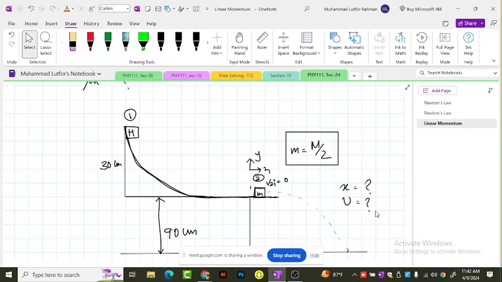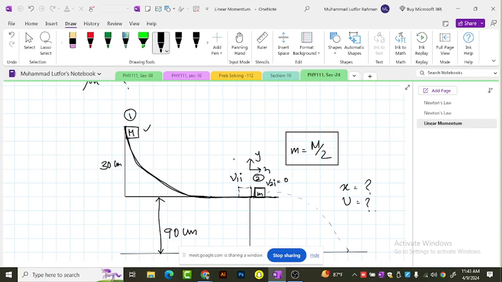Because once you release the bigger mass, it will slide down and strike that block. V1I is the velocity just before the impact. It was 0 initially over here, but when it comes down, just before the impact, it has some velocity. Remember I said that momentum is considered just before and just right after the impact.